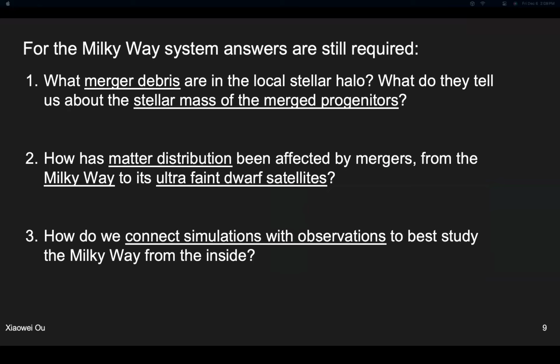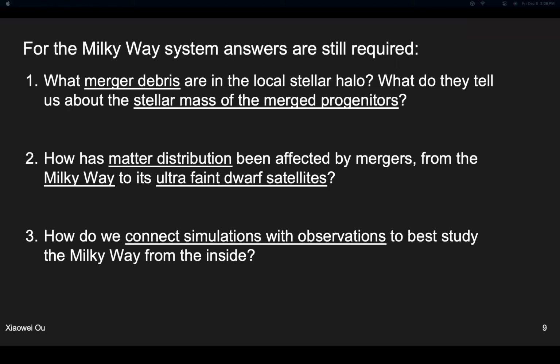Particularly, I'm expanding them here a little bit, and this will serve as an outline for the talk today. For the first part, about the past and what had merged into the Milky Way, we will first look for these merger debris in the local stellar halo. Once we have identified these merger debris, we'll connect them to the original progenitor. In this case, we'll be particularly interested in knowing the stellar mass of these past merged galaxies.